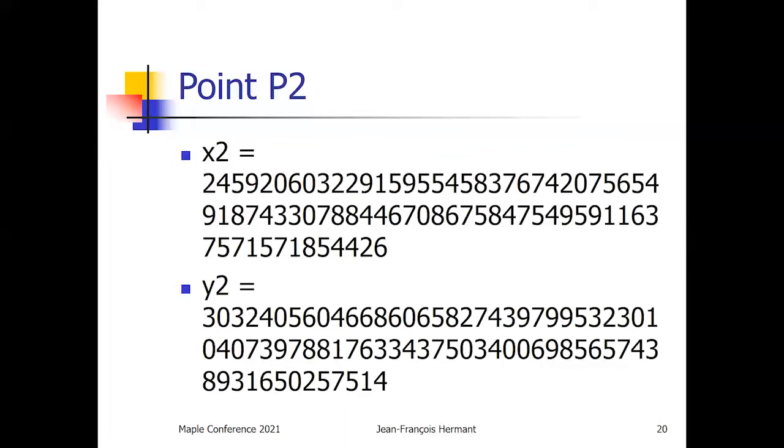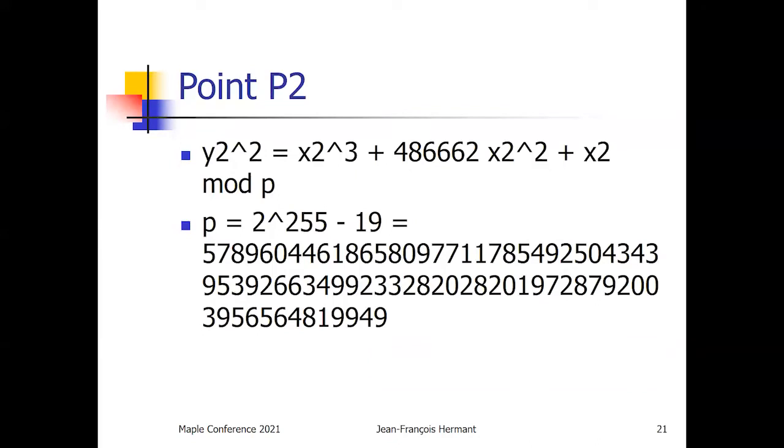We are also able to compute point P2 with coordinates x2 and y2. The values for x2 and y2 are also given in the Maple worksheet. And of course, this point P2 belongs to the curve 25519.